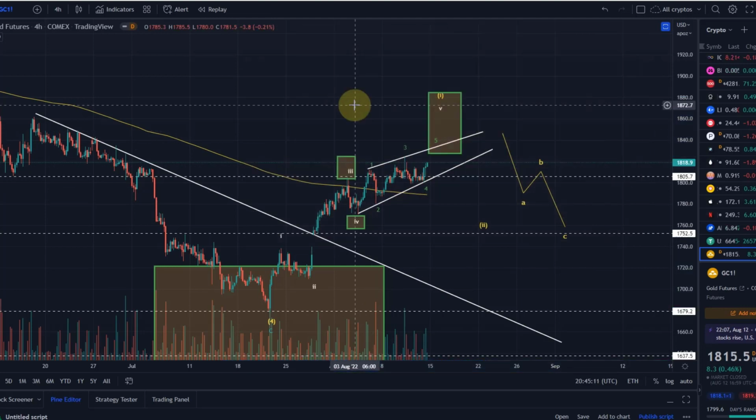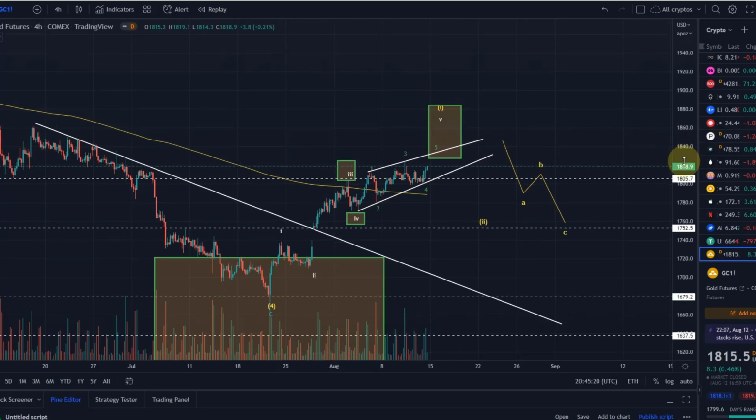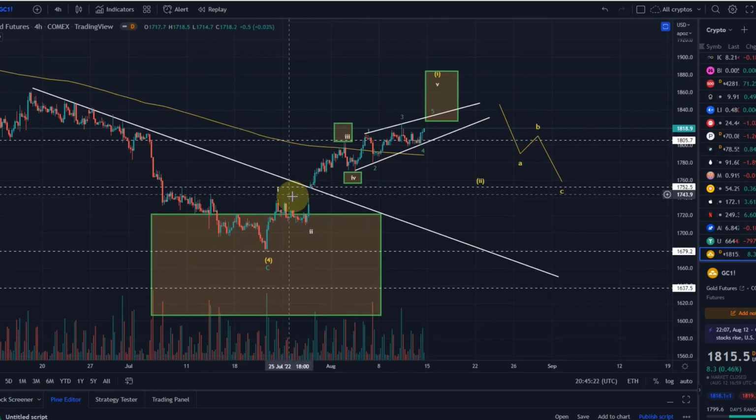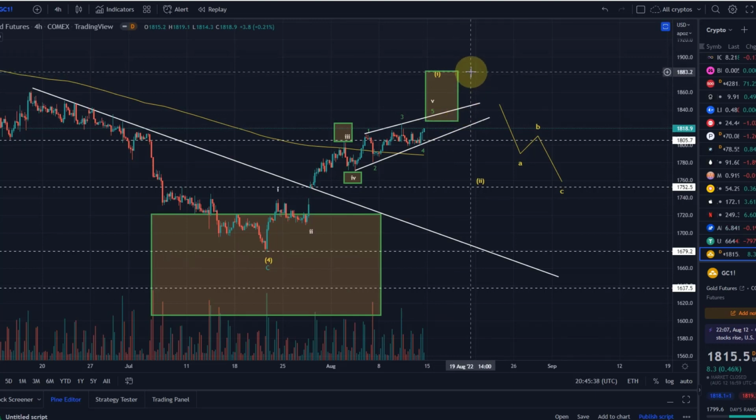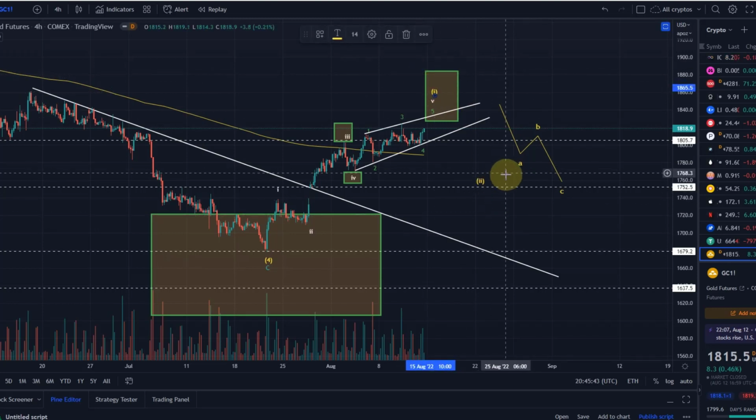I want to stay a little bit conservative here due to this not very impulsive structure which is currently unfolding, but it is still part of an impulsive wave structure overall that you can see here in white: a wave 1, a wave 2, a wave 3, a wave 4, and a wave 5, which would then end here somewhere, again between 1828 and 1884.